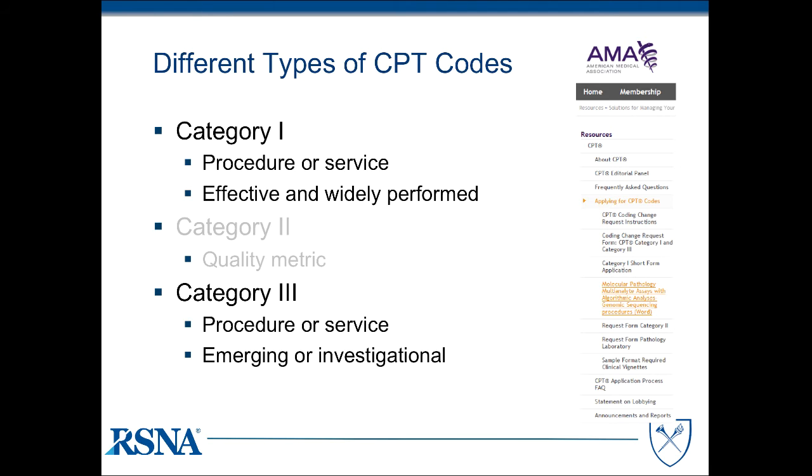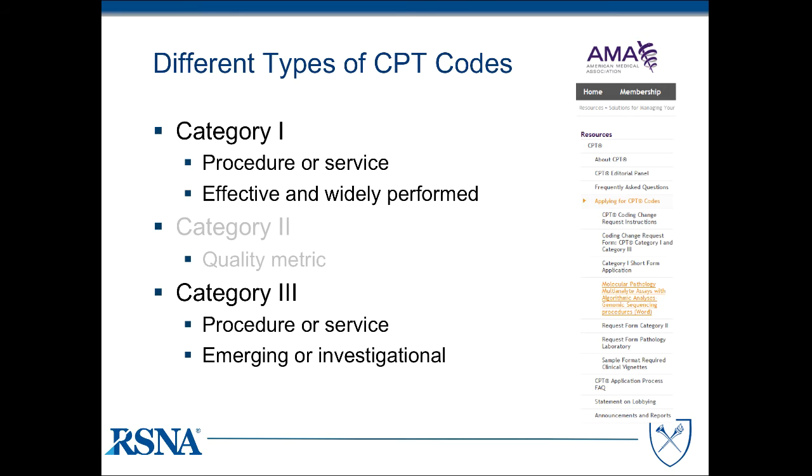Now, back to CPT. We just said that there are levels of HCPCS codes, but within CPT, there are 3 categories of codes. Category 2 codes describe quality metrics. These are being phased out of the CPT process and are something we won't spend much time on. We'll focus instead on Category 1 and Category 3 codes in these modules.